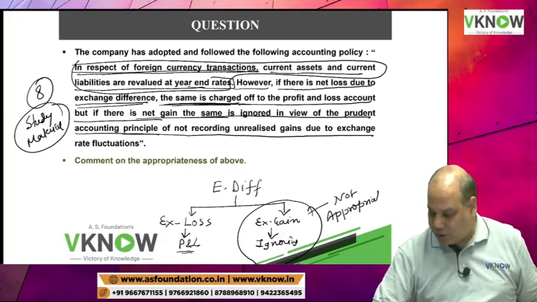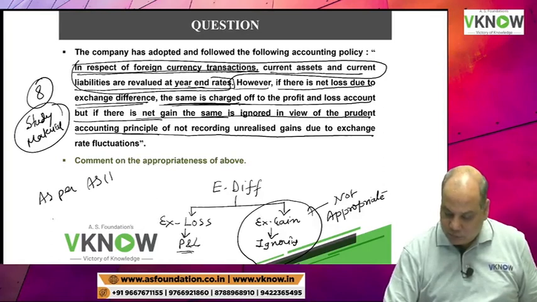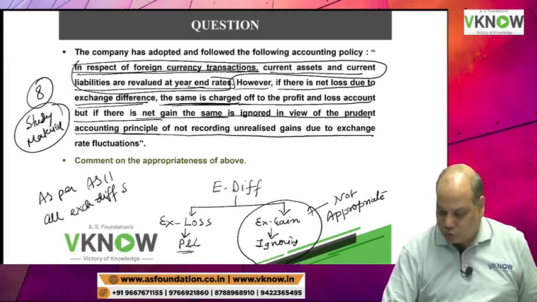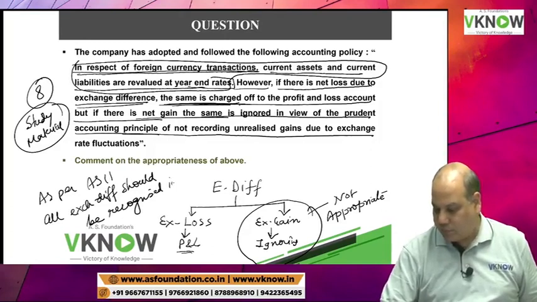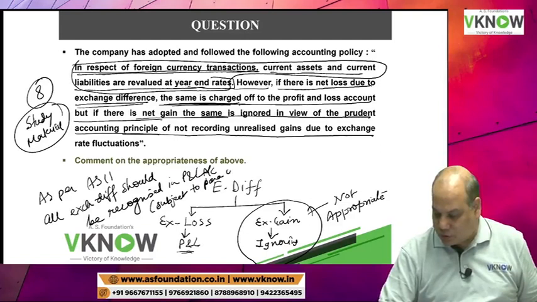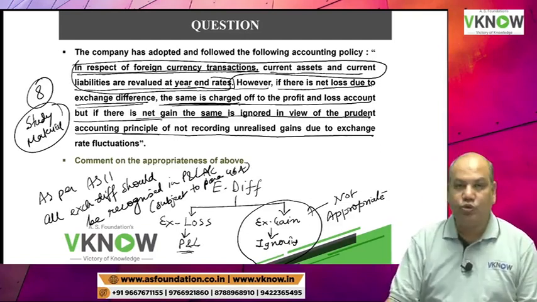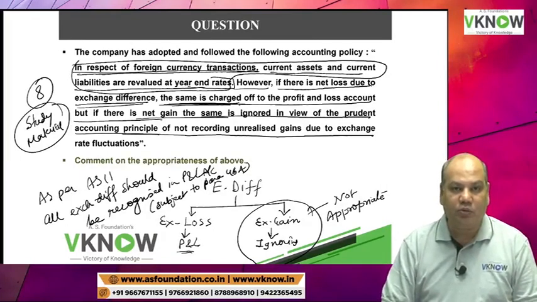As per AS-11, all exchange difference should be recognized in the P&L account. Of course, subject to para 46A, all exchange difference on monetary items should be recognized in the P&L account.